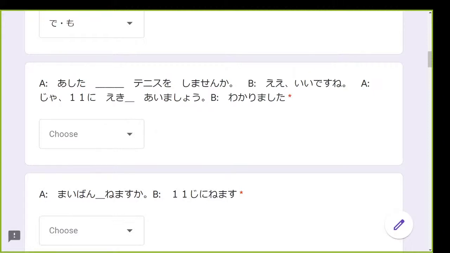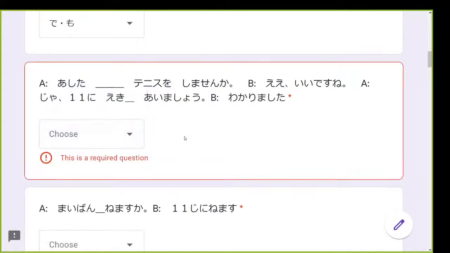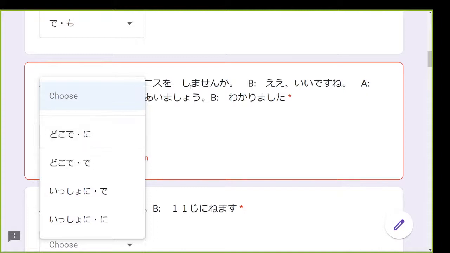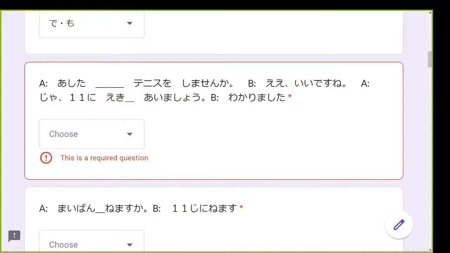明日、テニスをしませんか？いいですね。じゃあ、10時に駅で会いましょう。わかりました。Okay, what's our answer here? The first blank, 明日. 明日一緒にテニスをしませんか？Okay, it becomes our issho ni. Okay, and then follow with.